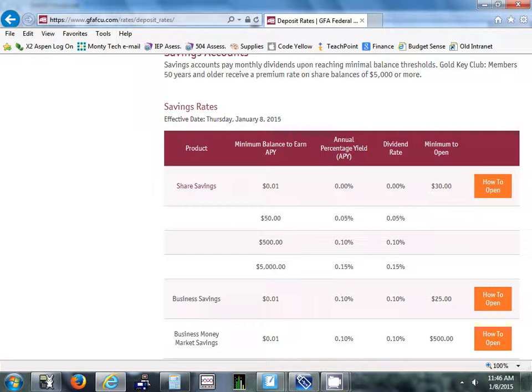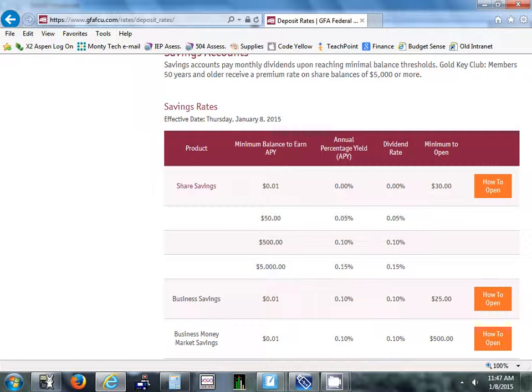If you have between $50 and $500, they'll pay you 0.05%. That's not 1%, that's not even a tenth of a percent, that's half of a tenth of a percent. So basically nothing. The best interest rate they pay is if you have $5,000, they'll pay you 0.15%. Not even 1%. This is typical for most banks. You're not going to find banks with much better rates, but this one is GFA in Gardner.